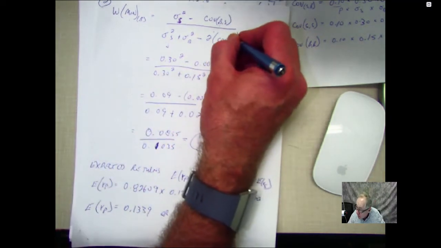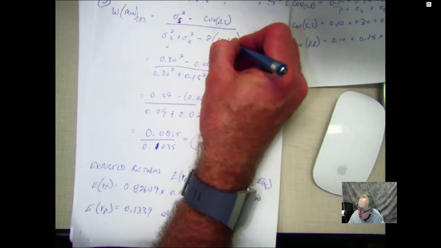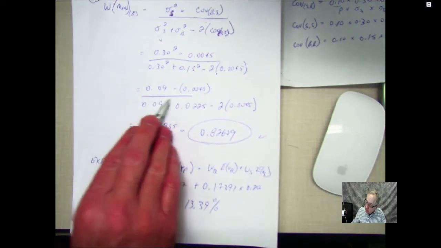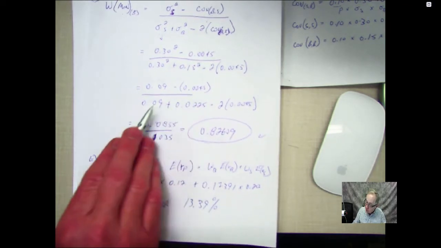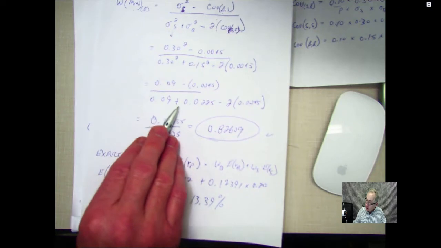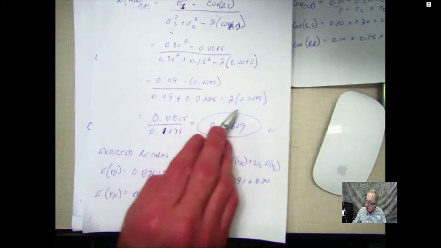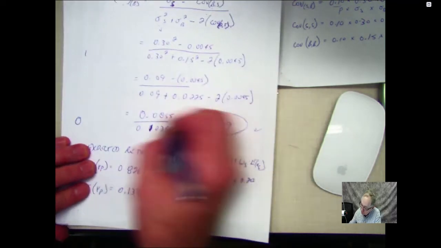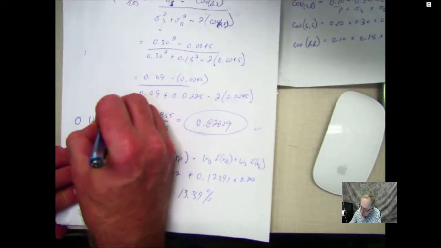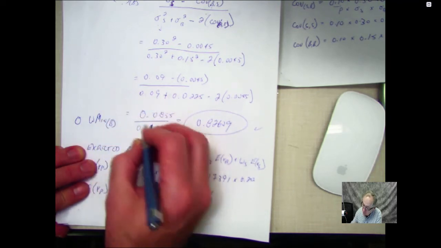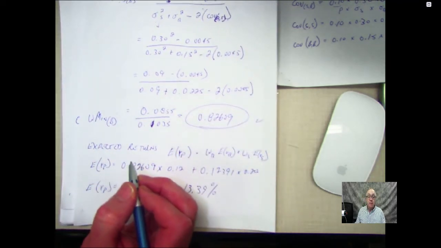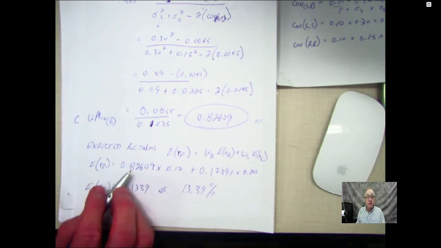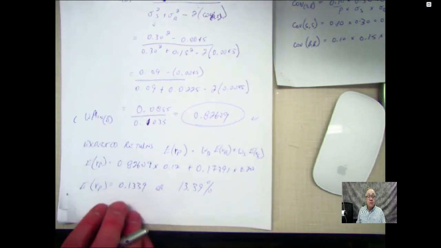That's supposed to look like covariance B, comma S. Simplifying that, 0.09 minus 0.0045 divided by 0.09 plus 0.0225 gives us the weight on bonds is 82.609% or 82.61%.